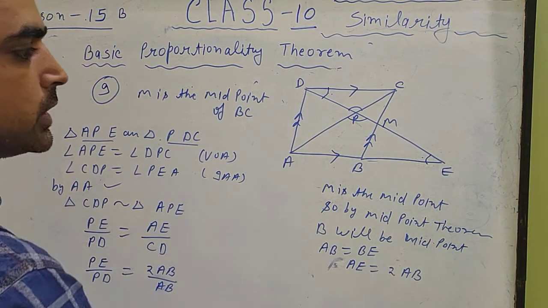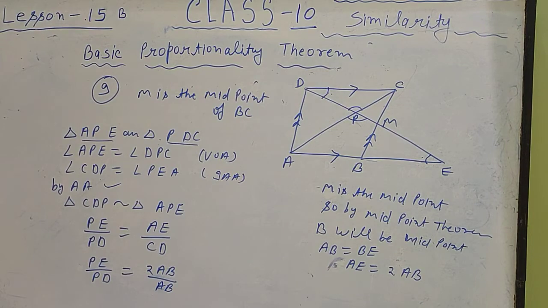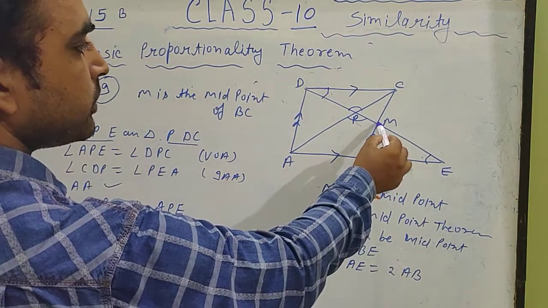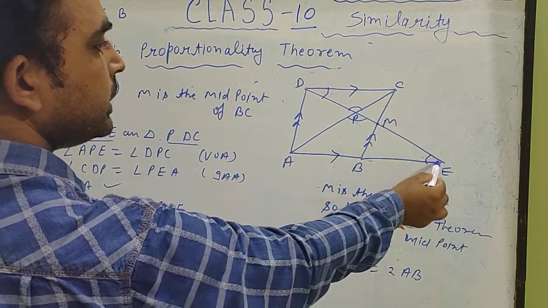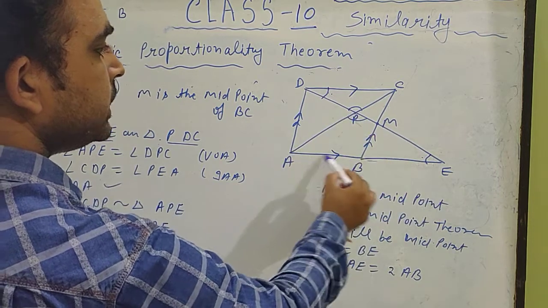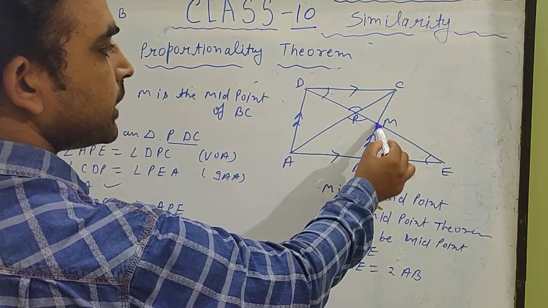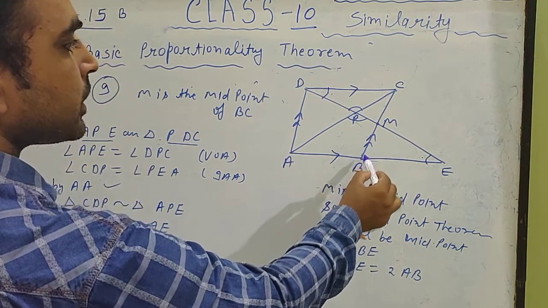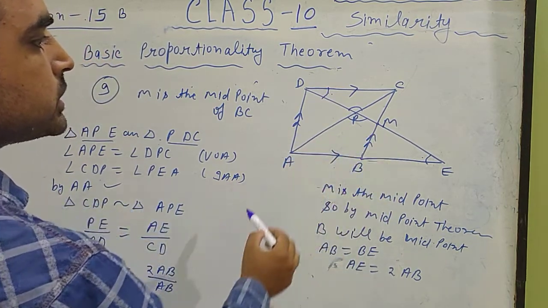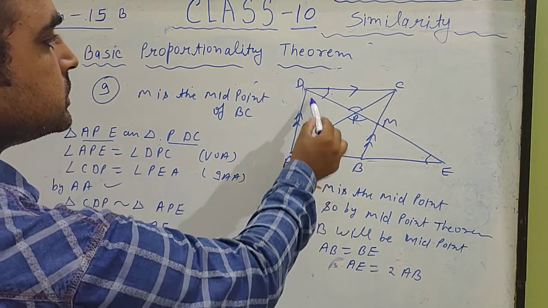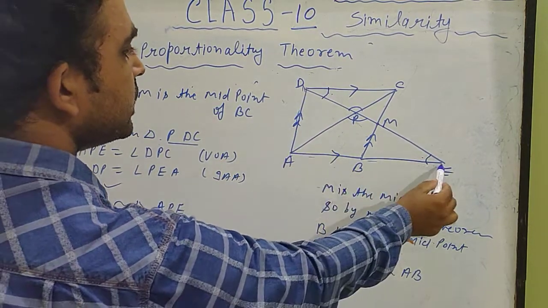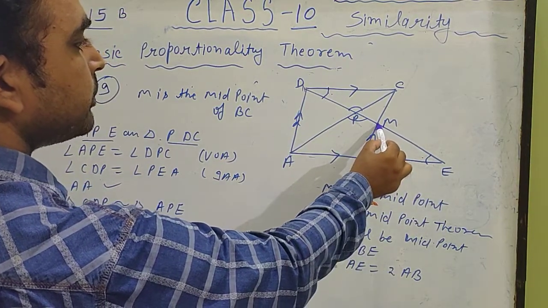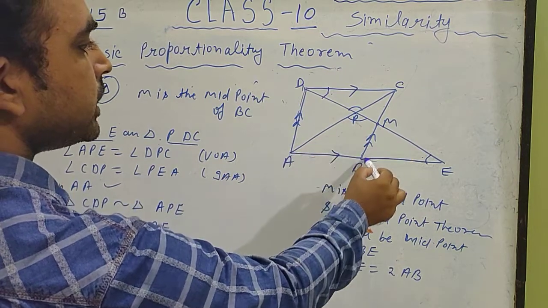Now you know what the midpoint theorem is. According to the midpoint theorem, in triangle ADE, M is the midpoint and this line is parallel to this line.